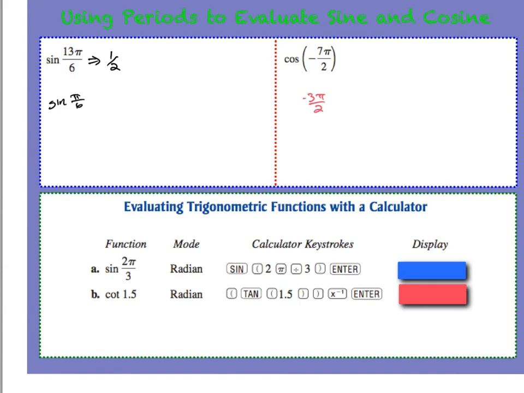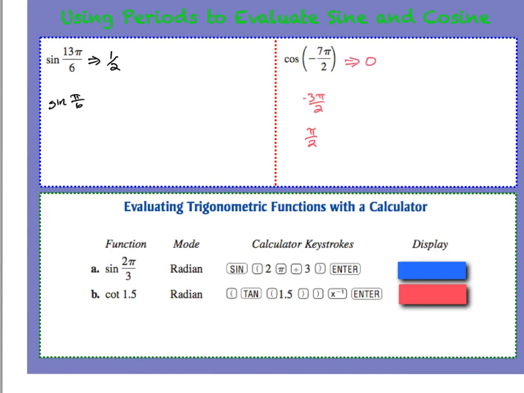No. So what do I do again? I add another 2 pi. So what do I get? I get pi over 2. Now, is pi over 2 on my unit circle? Yes. So that time I had to use how many periods? 2 cycles. So now pi over 2, what's the cosine of it? 0, because cosine deals with what?